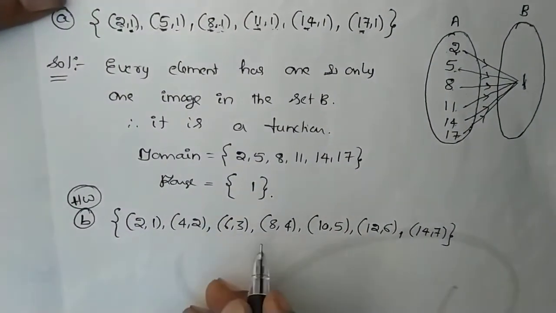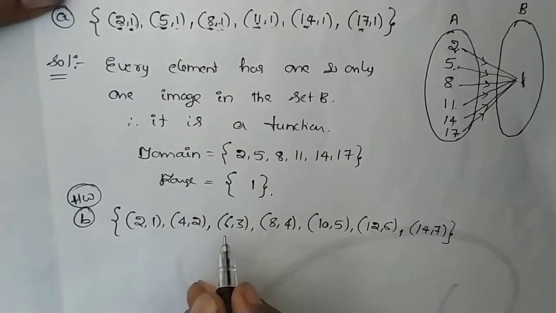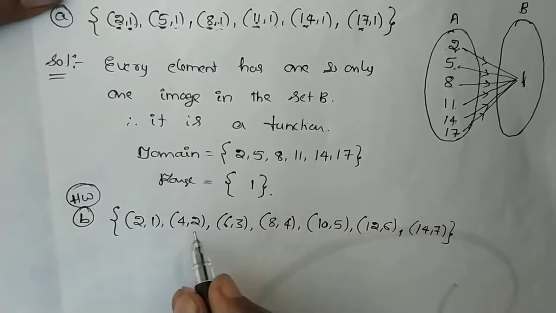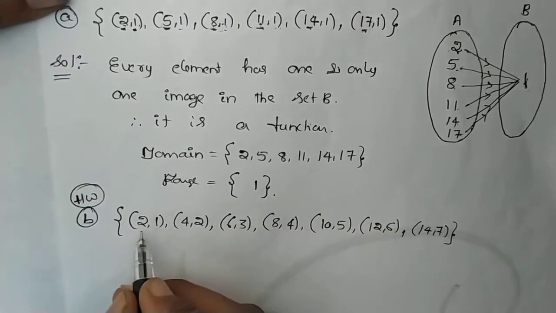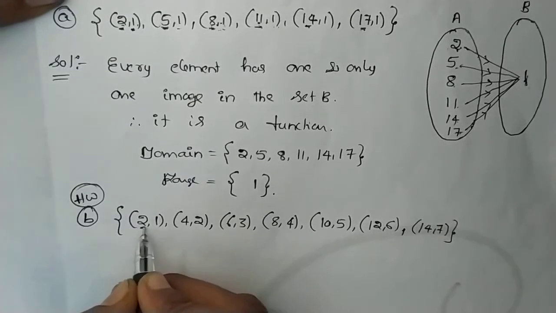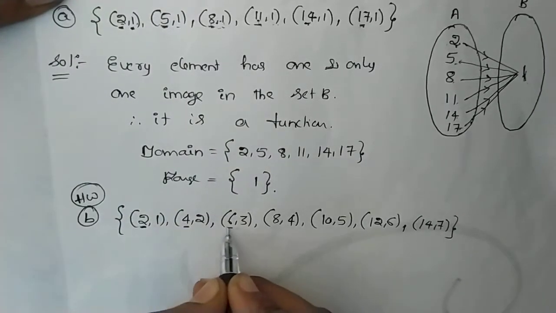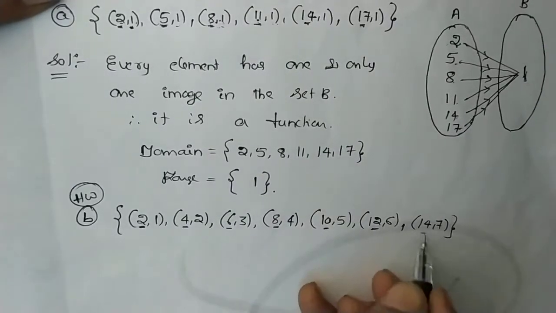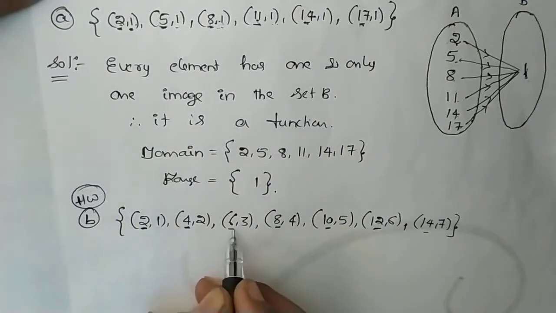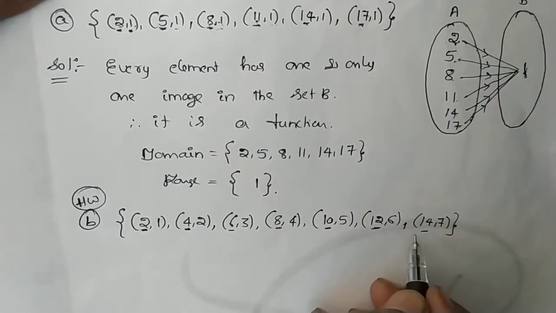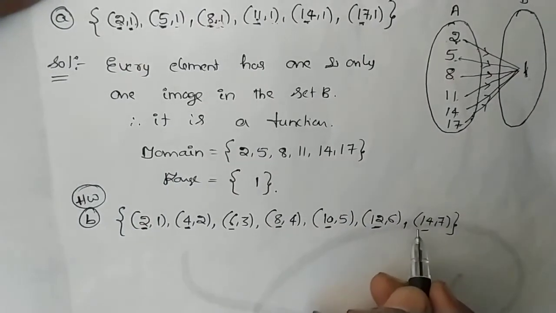By seeing the relation itself, we can answer whether it is a function or not. How to verify? The first element of the ordered pair should not repeat. If it repeats, it is not a function. Here 2, 4, 6, 8, 10, 12, 14: the first element is not repeated, therefore it is a function.